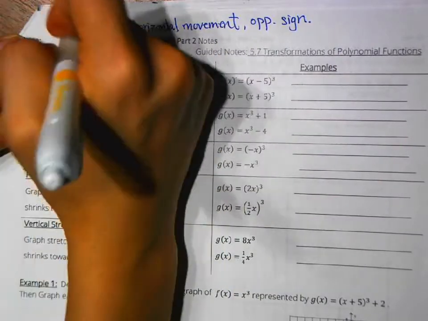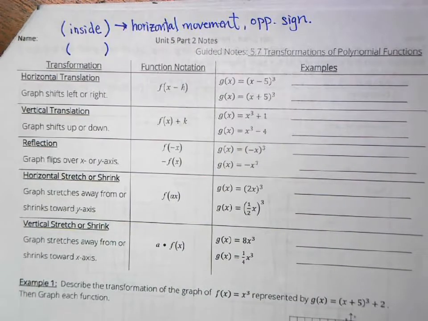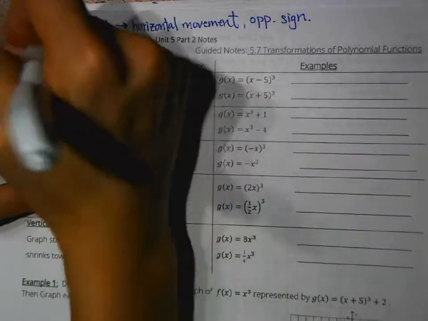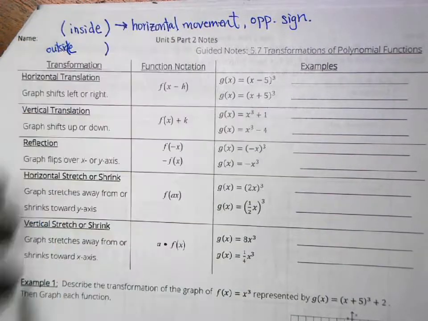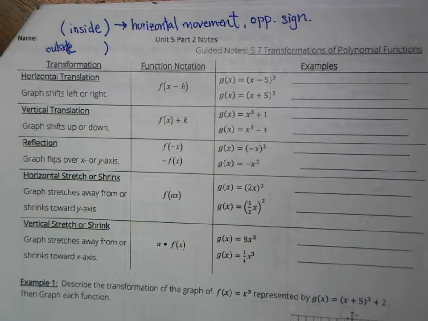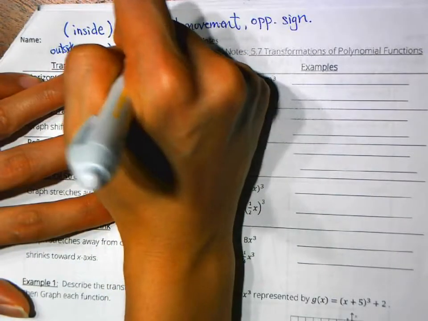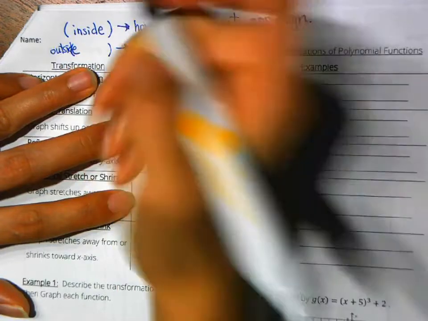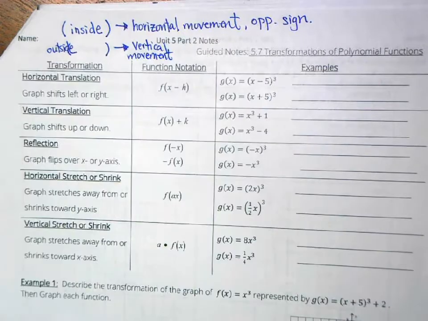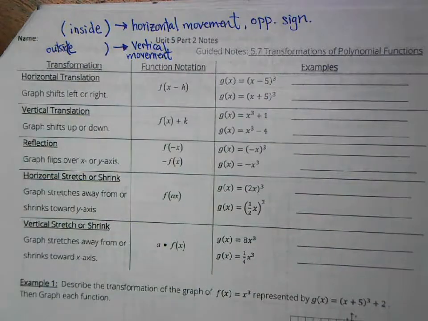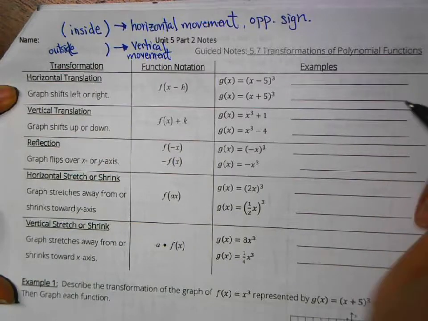When it's outside of a grouping, outside the whole parentheses, when it applies to the entire equation, it is going to be a vertical movement, and it's going to follow the sign, meaning it's going to go with the sign. All right, so let's take a look at a couple of examples.